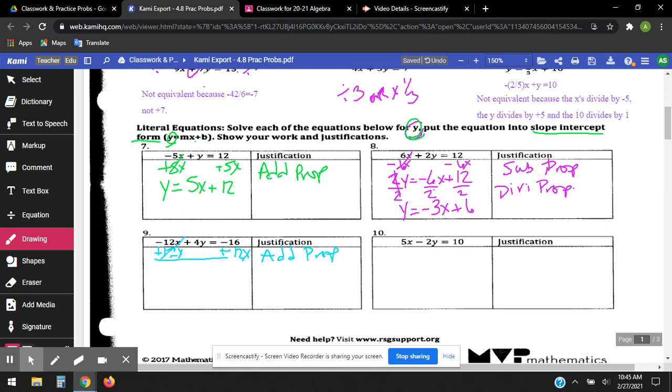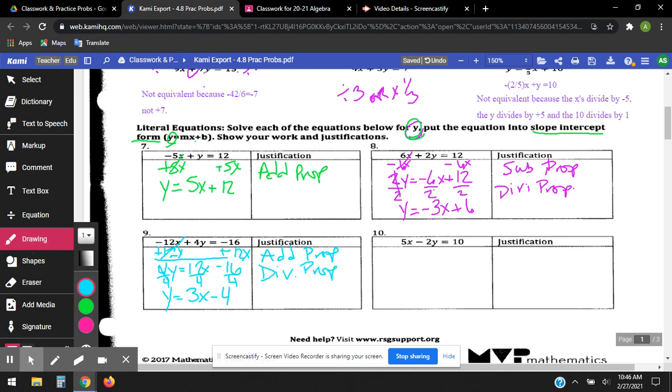Those cancel. 4y equals 12x minus 16. Yep, just double checking my work here. Now to divide by 4, because I have a minus in there, I have to divide everything by 4. So y equals 3x minus 4. That was a division property.